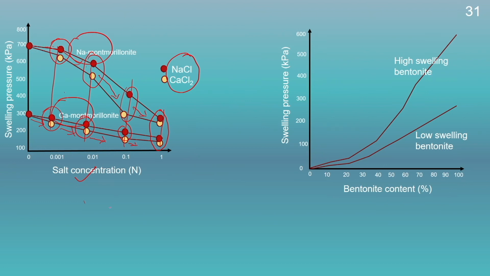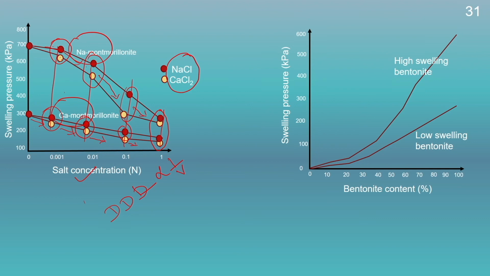That is because again we know that diffuse double layer thickness is inversely proportional to the valency of the cation. Higher is the valency, the lower will be the diffuse double layer thickness. So, therefore, the diffuse double layer thickness will be less for calcium chloride in comparison to the sodium chloride.